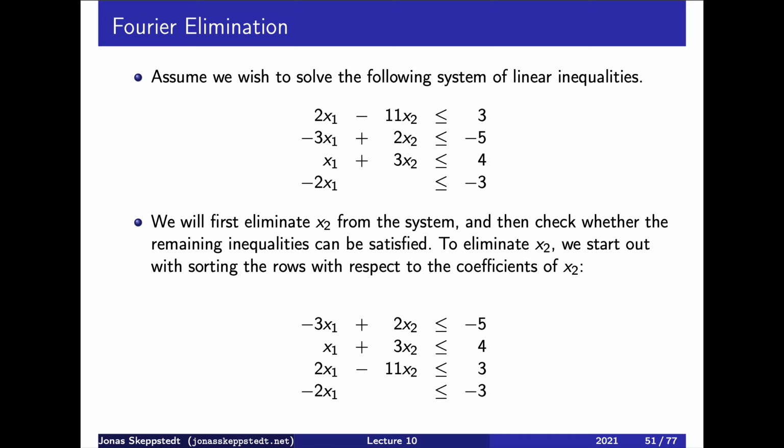And what we start with is sorting the rows here, so that we have all the rows with the positive coefficient in front of x2 first, and then with negative, and finally with 0. Okay, so we do it like that.